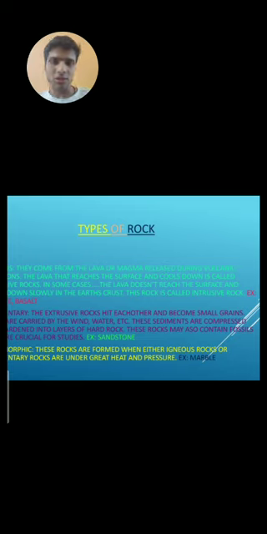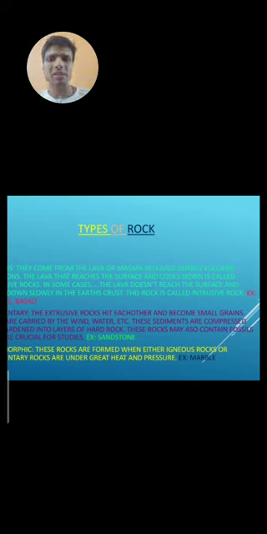rock. And when these igneous rocks or sedimentary rocks experience high temperature and pressure, and there is a change in their appearance, chemical formation or physical form, then that type of rock is called a metamorphic rock, the third type of rock. So let us see what a metamorphic rock is again.